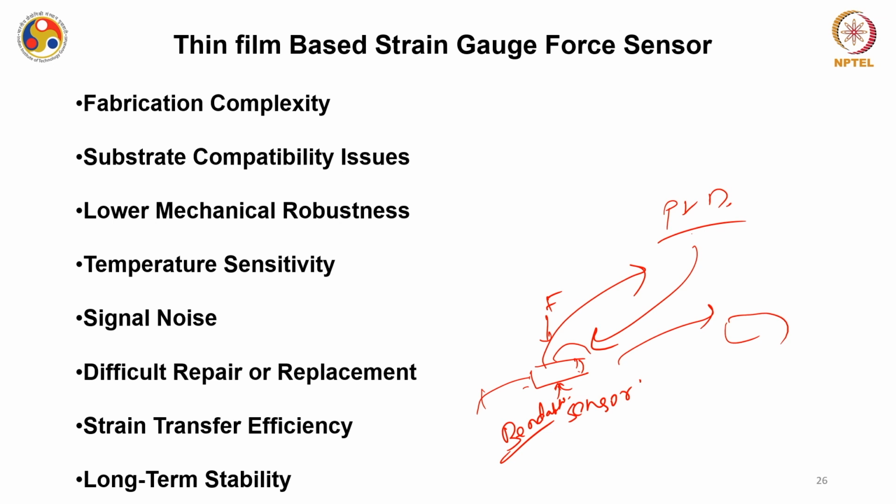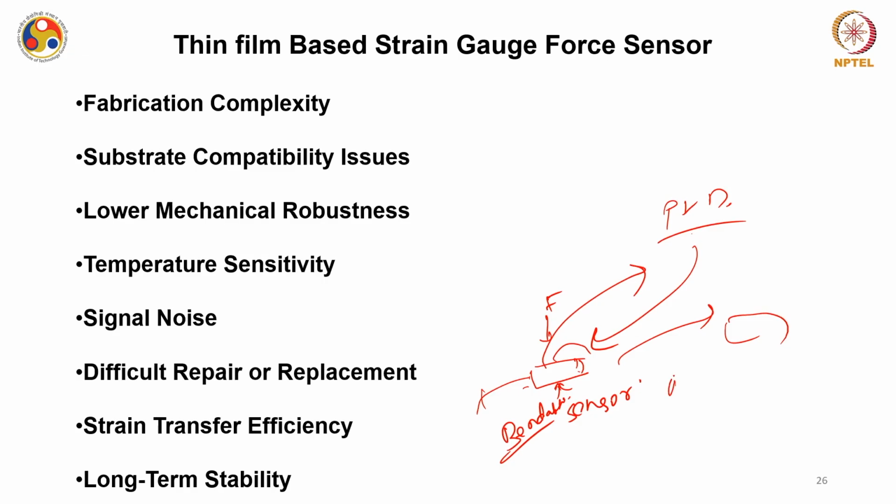Then I have already discussed substrate compatibility in the previous slide. The mechanical robustness of this kind of sensors is also low. The noise level of this kind of thin film based sensors is obviously a little bit higher as compared to the wire based or the other kinds of strain gauge based sensors.